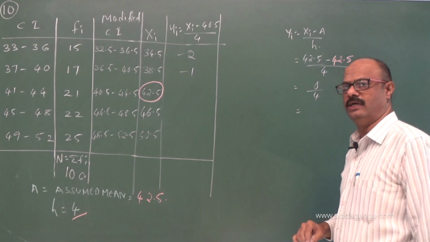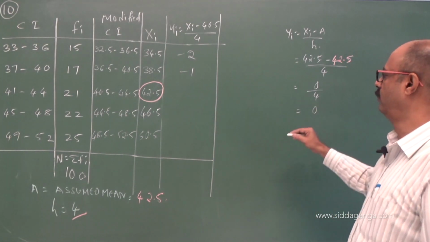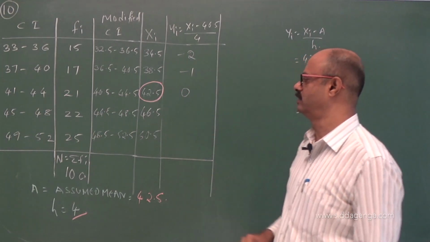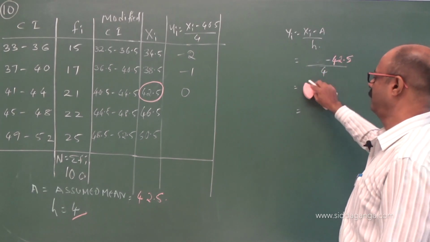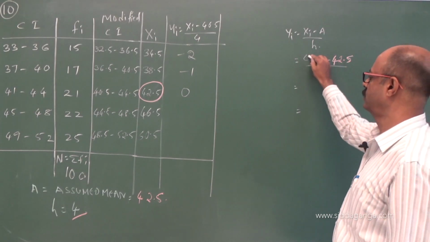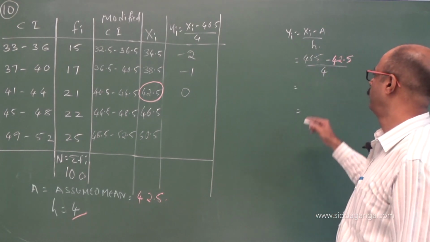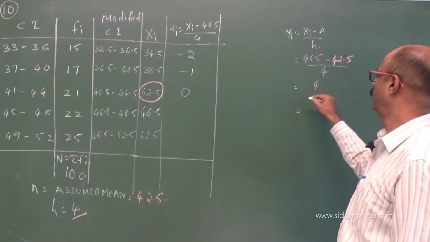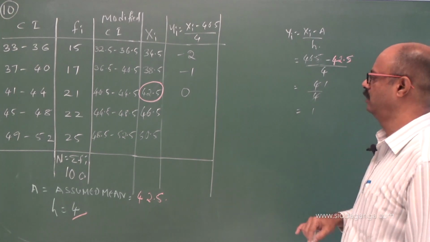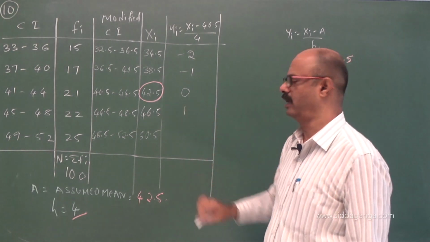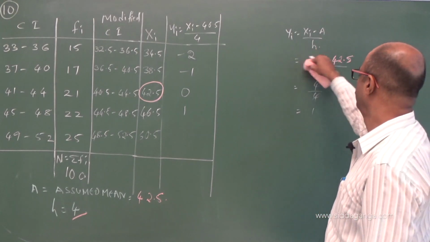So numerator you will get 0 and denominator you will get 4. So 0 divided by 4 you will get 0, so we will substitute it as 0. Next, look at the value of xi. Xi is 46.5. 46.5 minus 42.5, you will get 4 divided by 4. So 4 ones are 4, they get cancelled, you will get 1 as the answer, so we will write 1. Next we will substitute 50.